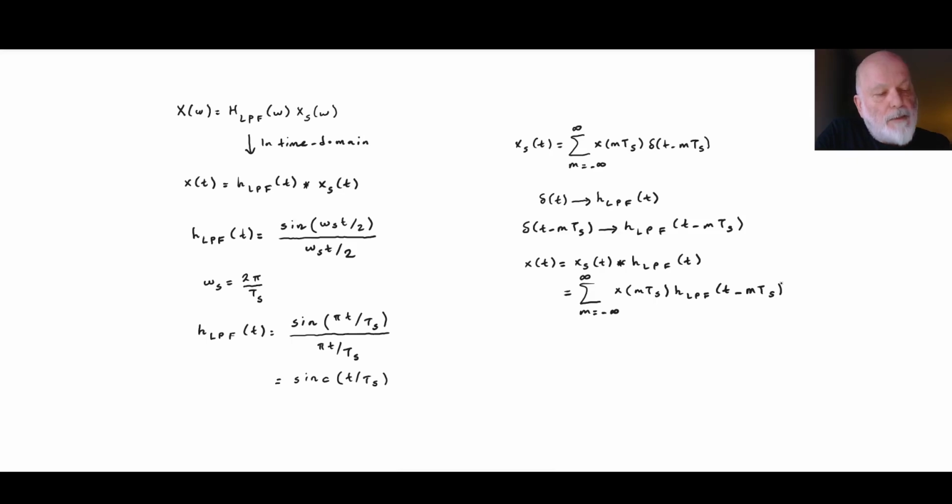Okay, so if we substitute the expression of the impulse response, x of t turns out to be the sum over m from minus infinity to plus infinity of x of m Ts sinc of t minus m Ts divided by Ts.